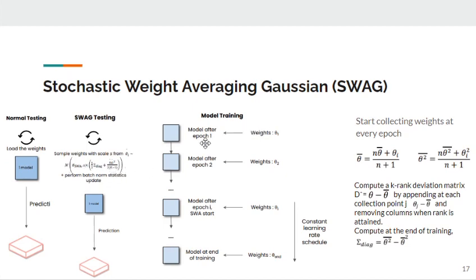So we start collecting weights at every epoch and then compute a k-rank deviation matrix by appending at each collection point and then removing the columns when rank is attained, then compute at the end of the training. So SWAG samples several weights during neural network training to obtain ensemble prediction.